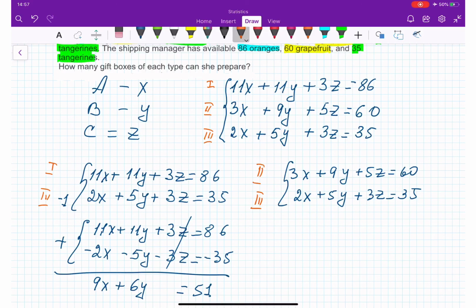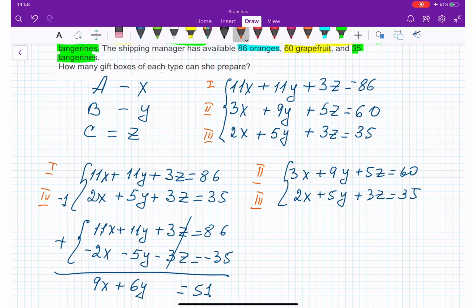But keep in mind, if in the first choice we eliminated z, and we did, then from the second set of system of equations, I have to eliminate the same z. I cannot eliminate one variable from one system of equations and another variable from another system. It's not going to happen. The same one. If I eliminated z, then I have to eliminate z here also.